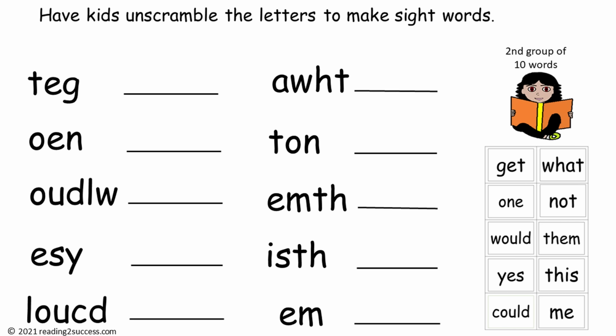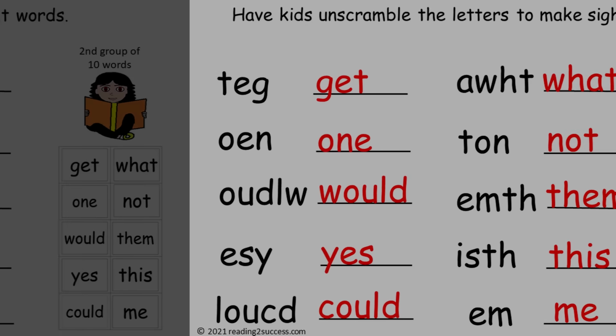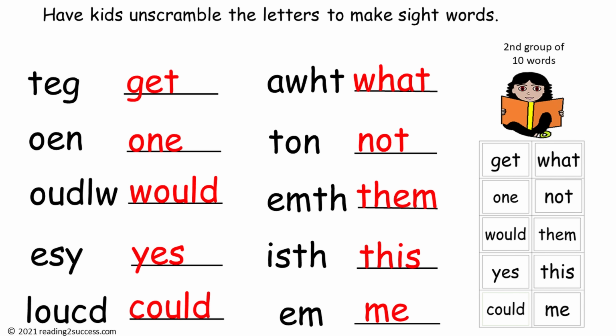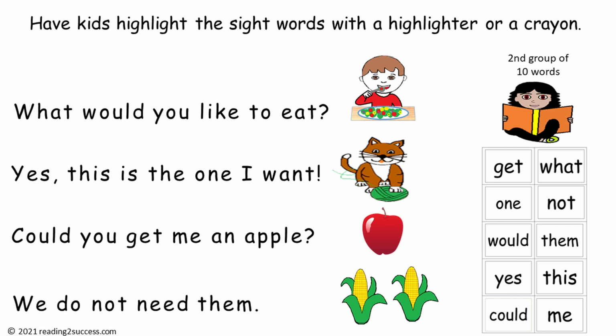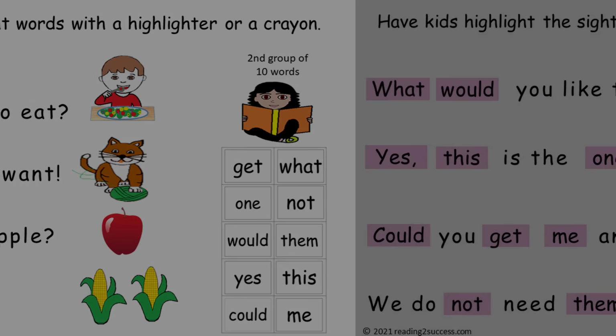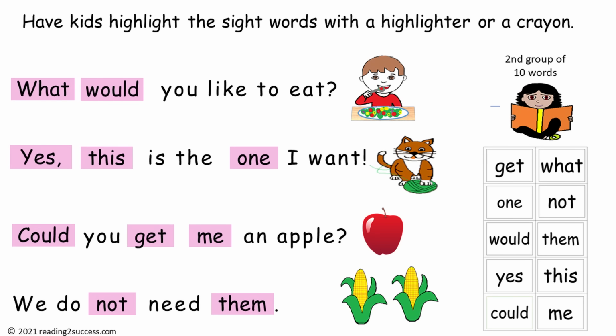Then the unscramble the letters to make sight words and the completed example. And then highlight the sight words with a highlighter or crayon in each sentence and a completed example.